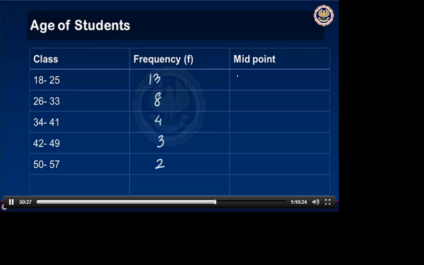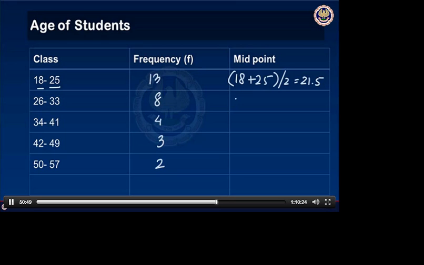And the midpoint would be 18 plus 25. That is the lower class limit plus the upper class limit divided by 2. So this will come as 21.5. So though we are required to find the midpoint, but its ultimate use will be when we make a histogram. So this is 8.